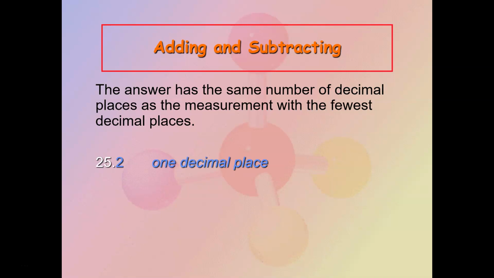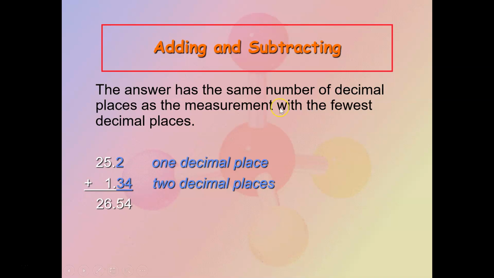So for example, the number 25.2 is 1 decimal place. If I add it to the number 1.34, that has 2 decimal places. Now if you enter that into your calculator, it is going to tell you that the answer is 26.54. And some of you would be very happy to write that down.